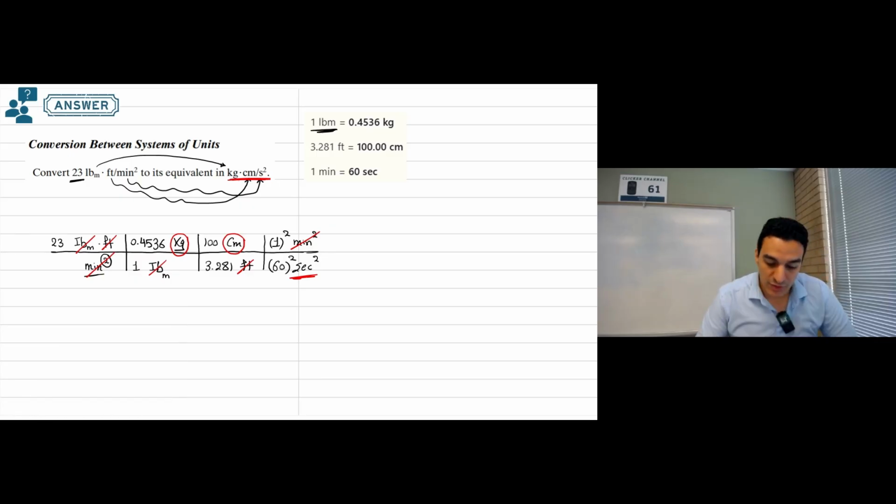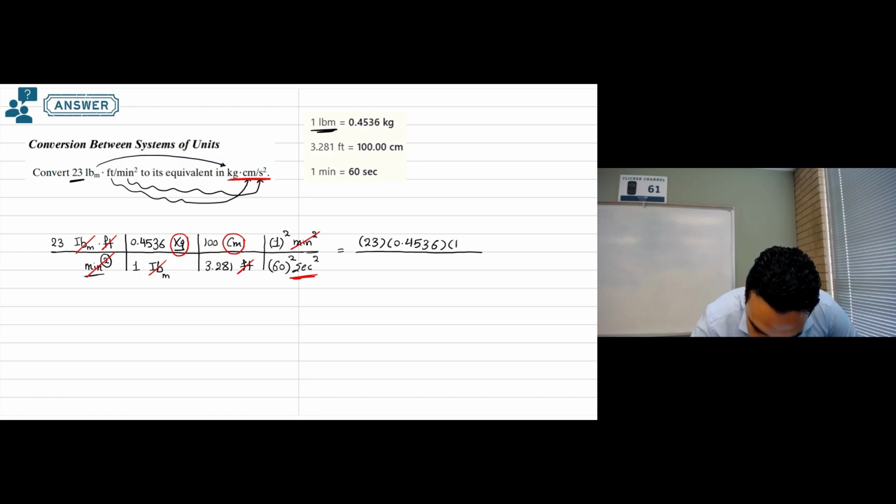So now, after doing this, the new number will be obtained by multiplying all the numbers in the upper side together. So we have 23 times 0.4536 times 100 times 1 square divided by 3.281 times 60 square.